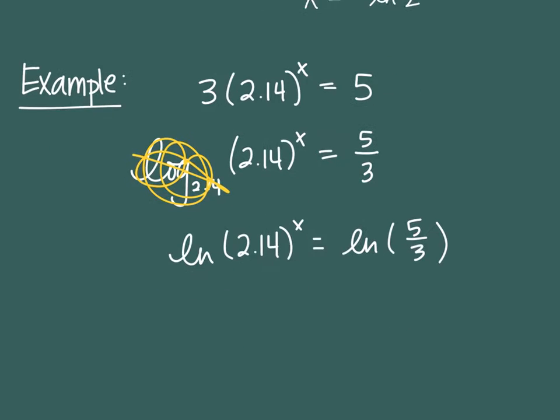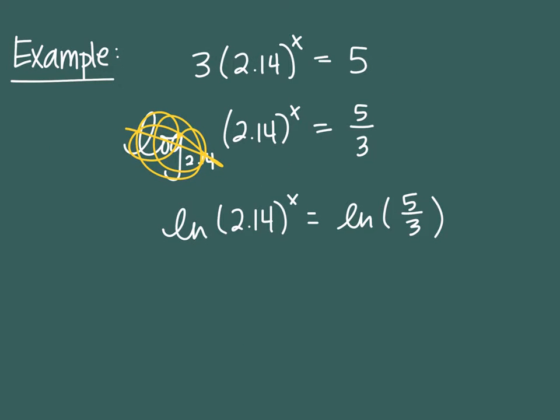Now our properties say what to do with the x. Move it to the front. And our properties say what to do with the 5/3. Break it up, right? How, Austin? It would be ln 5 minus ln 3.